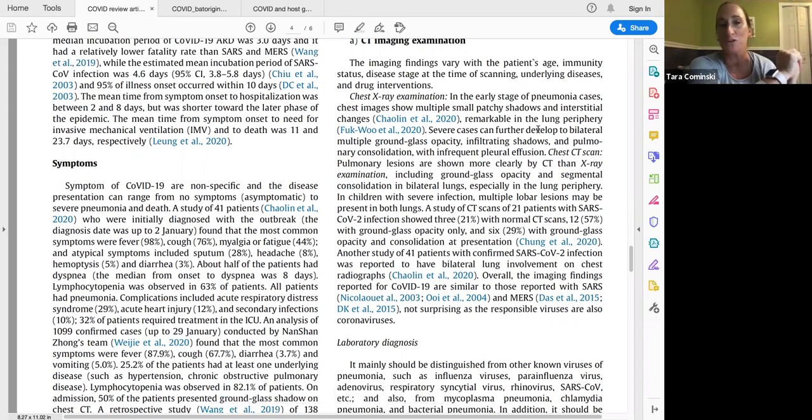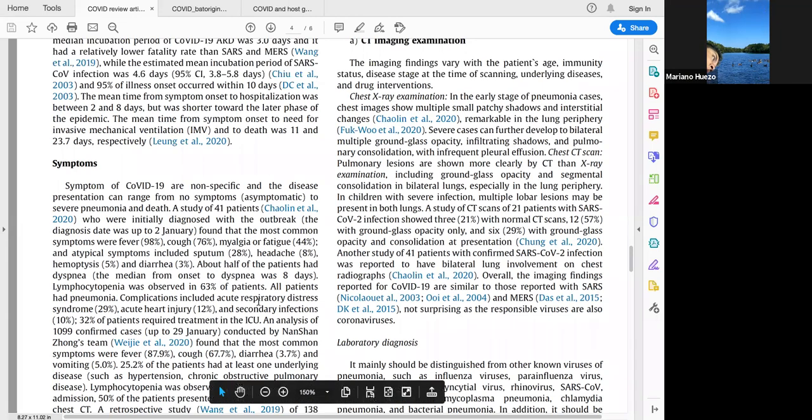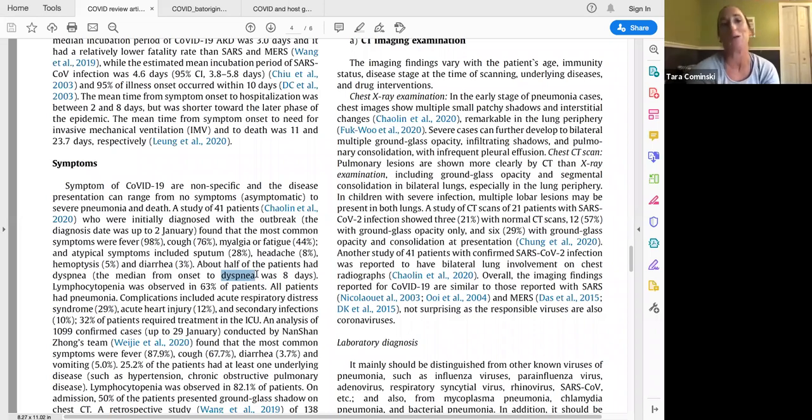What's the medical term for shortness of breath? Is it dyspnea? I don't know how to say it. Yeah, that right there that you just highlighted. Correct, right? That's the medical term. That term's everywhere when it's associated with COVID.